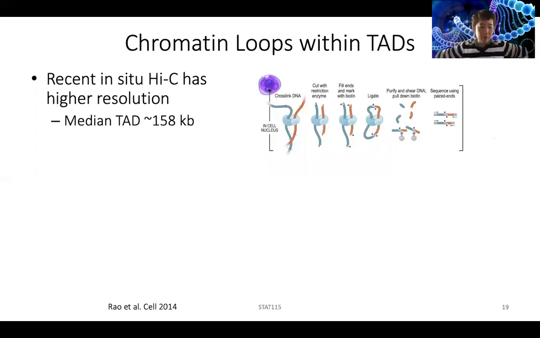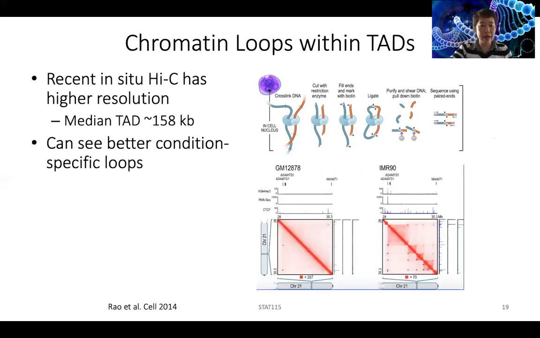And so this is kind of why, for example, when previously looking at transcription factor binding and how that influences gene expression, we usually look at all the binding within 100 to 200 kb regions, right? And they can use this better technology to see better loop conditions.